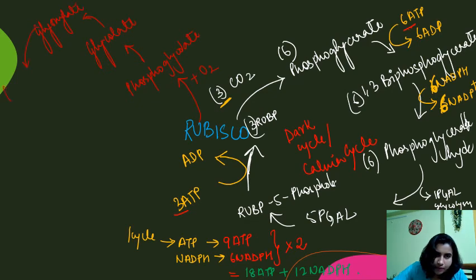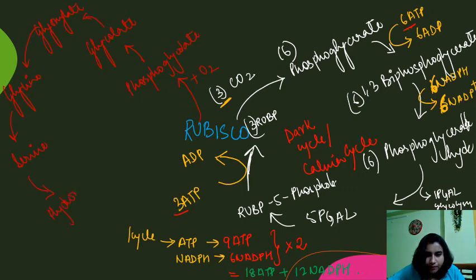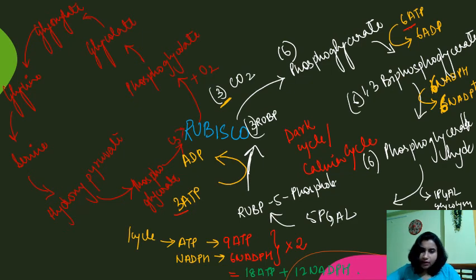Glyoxylate will form glycine. Glycine will form serine. Serine will form hydroxypyruvate. This hydroxypyruvate will form phosphoglycerate, and then it enters the C3 cycle.